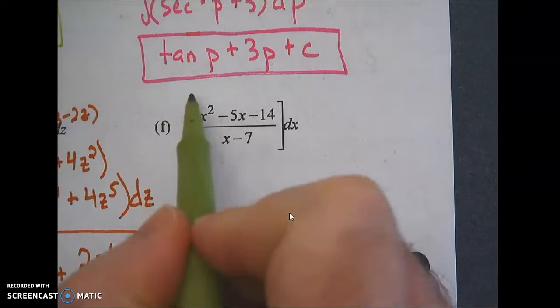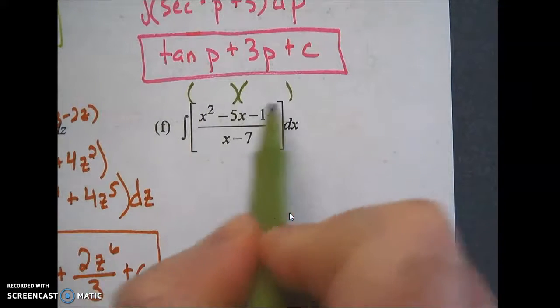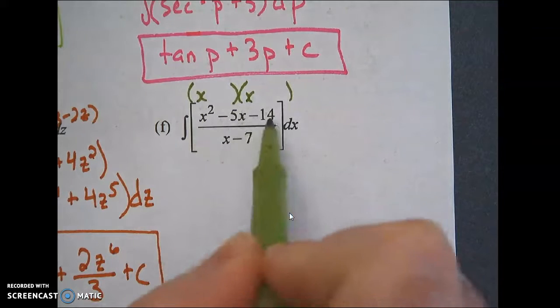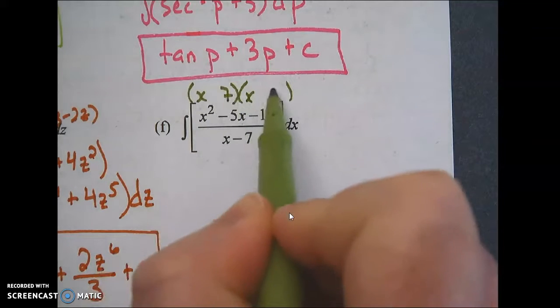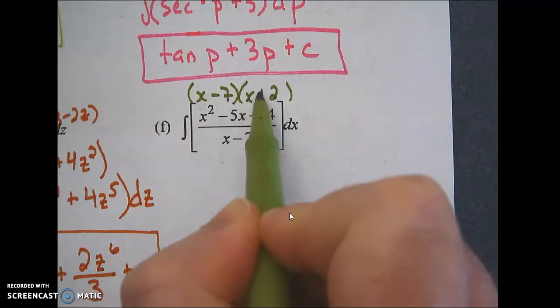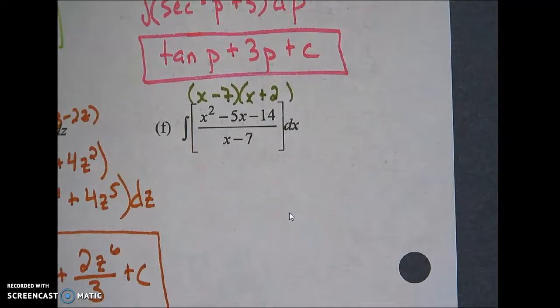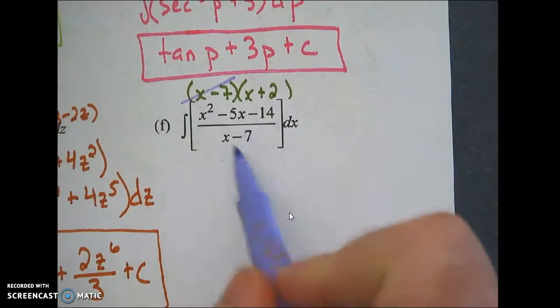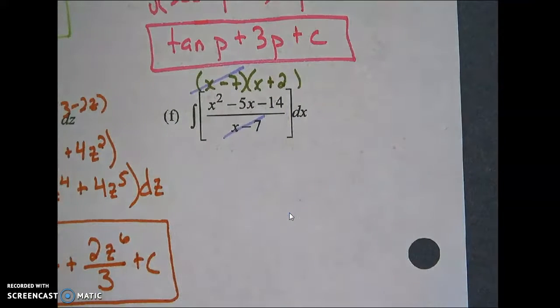So I'm going to try to factor: x and x, 14, yeah, that works. 7 and 2, right? I need a -7 and a +2. So those x minus 7s are gone, and I'm left with the integral of x plus 2.